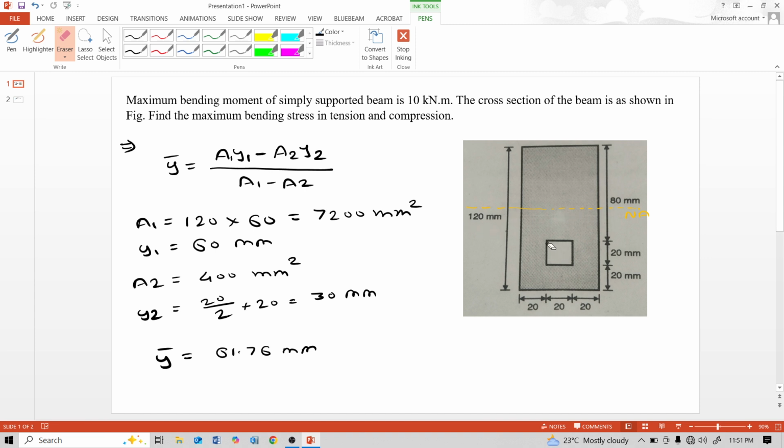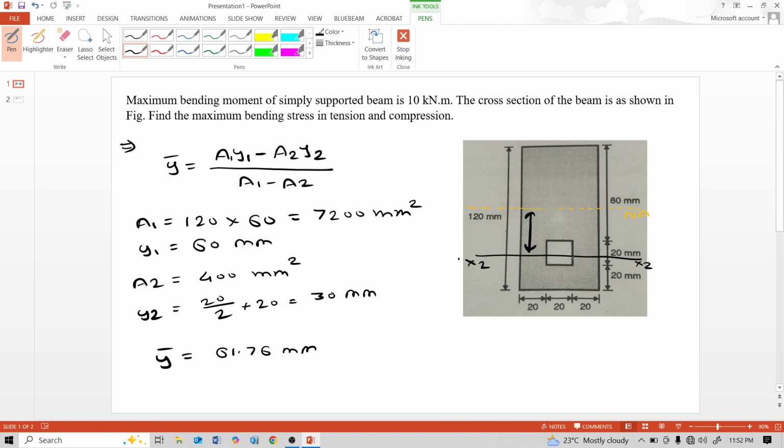the hollow square's moment of inertia. For the hollow square moment of inertia, here x2 is the axis, and it is 20 into 20 cube by 12.